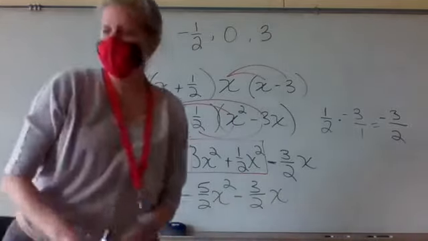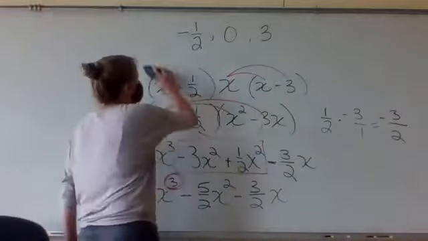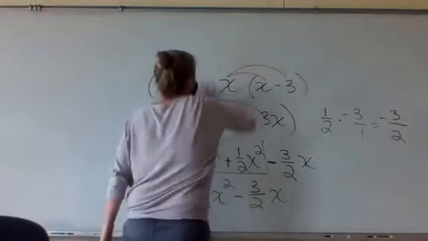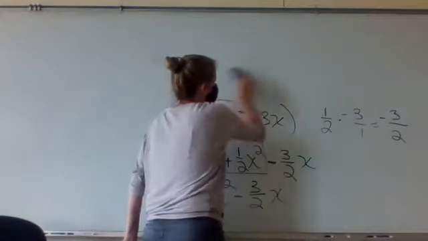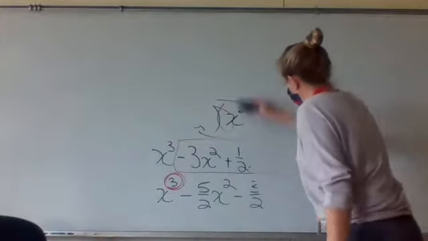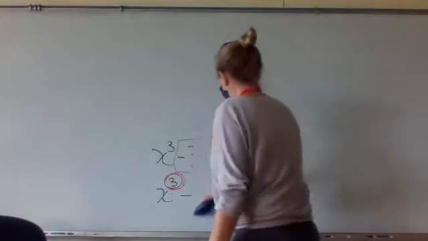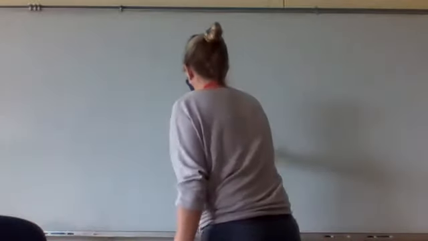Okay, so degree 6 means I should end up with x to the 6th at the end. So degree 6, let's see what my zeros are.